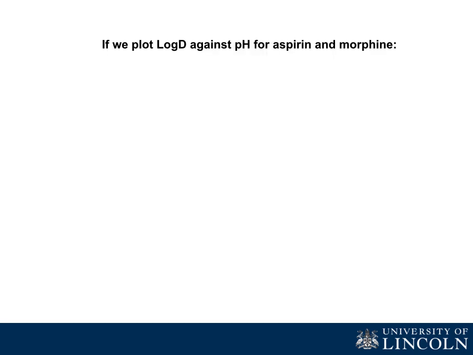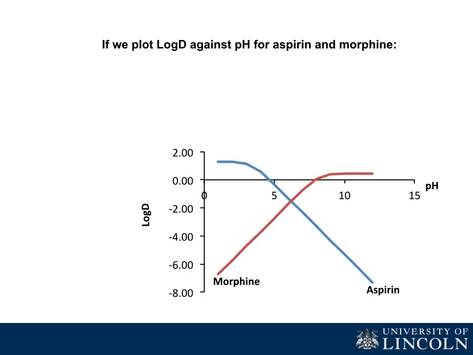So let's plot it. Let's plot the log D against pH for aspirin and morphine. This is what it looks like. Now, log D is on the y-axis, and if you remember, the sweet spot for absorption is between 0 and 3.